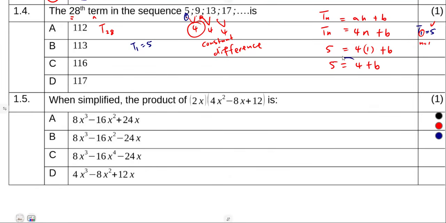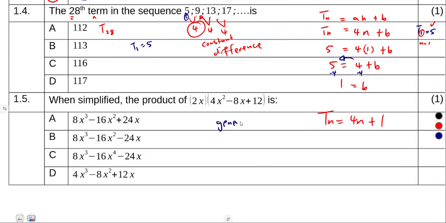Then take the 4 to the other side, subtract 4 on both sides. That's a 1. So our Tn can be written as 4n plus b, our b is 1. 4n plus 1. This is our Tn, our general formula.